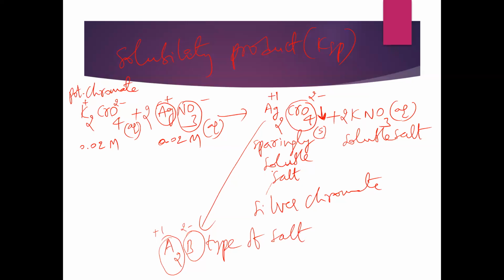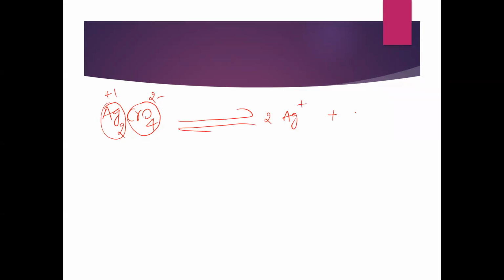So when you take the solubility concept of this salt, Ag2CrO4, CrO4 2- is the anion, a single particle, and there are 2 cation particles, each Ag+. Now it will dissolve in water, or any solvent, to give 2 Ag+ ions and 1 CrO4 2- ion.